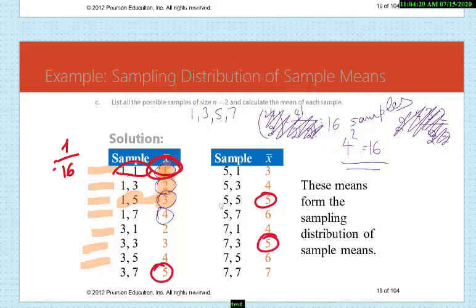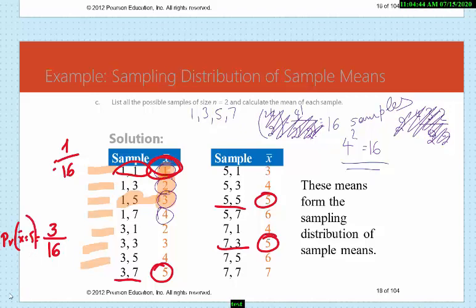They correspond to these, and these. What are these? 3 different samples. So the probability to get a 5 as my sample mean is 3 over 16. This is the probability for your x bar to be equal to 5.